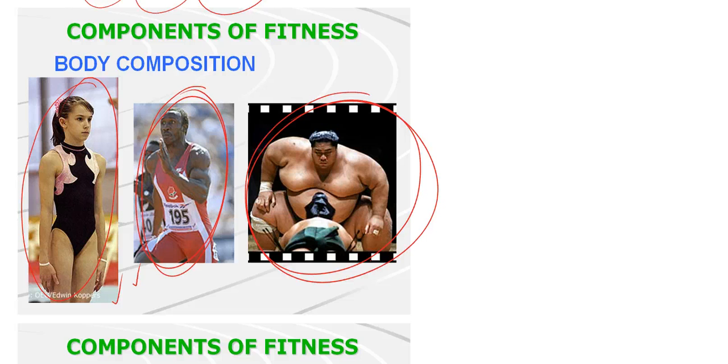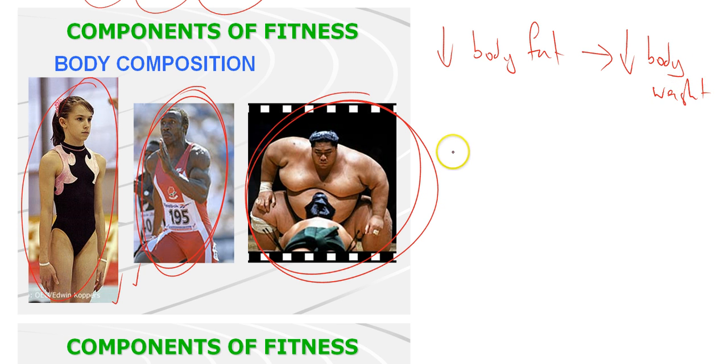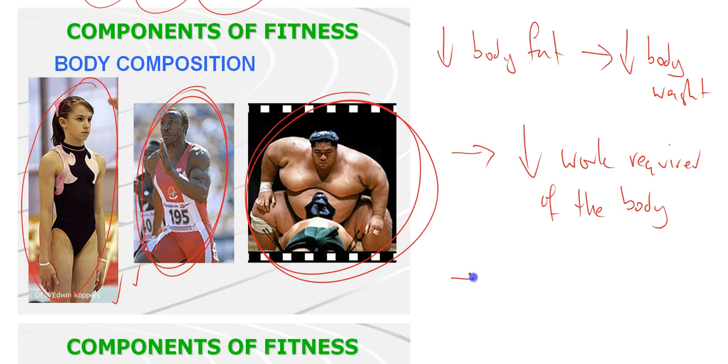So we tend to look at it in the way that a decrease in body fat leads to a decrease in body weight, which leads to decreased work required of the body, which in turn means that the athlete can run faster, they can jump further, they could throw themselves further perhaps, but with a decrease in body fat they'll tend to weigh less, therefore the body doesn't have to work as hard.